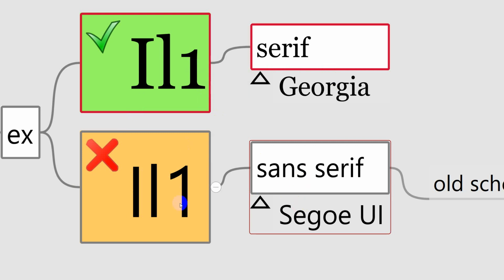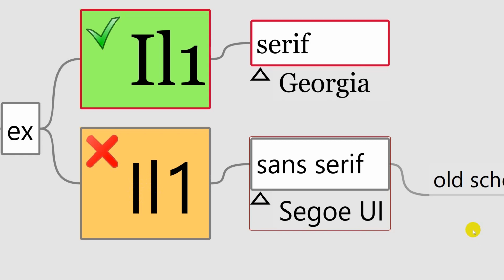So the 1 and the 1 are no problem, but this lowercase l and this lowercase l, this uppercase I and this uppercase I, this is at a huge font. This is zoomed in really tight. But if this was down at a normal size, something you'd normally read, it might be a little hard to tell between this uppercase I and this lowercase l.